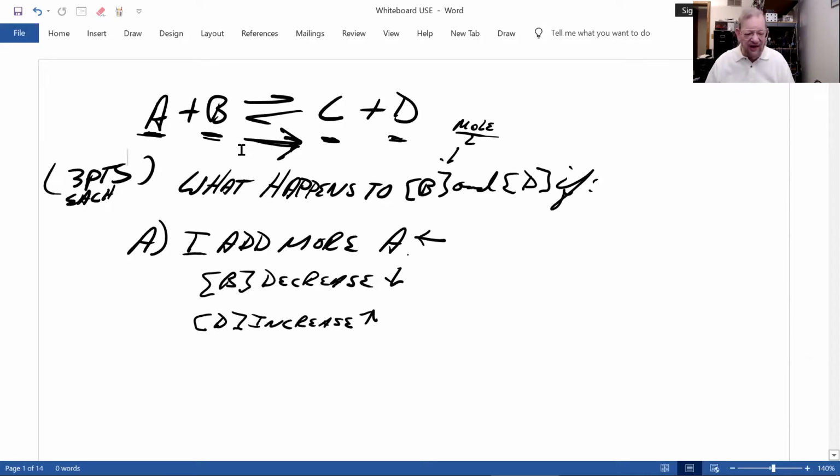Now, when this shifts like that, the final amounts will again equal the equilibrium constant. But that's the concept behind Le Chatelier's principle.